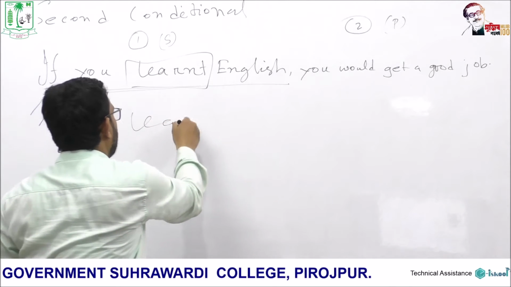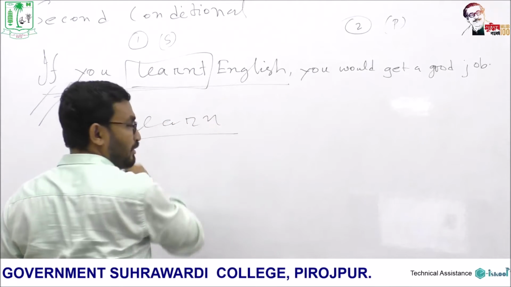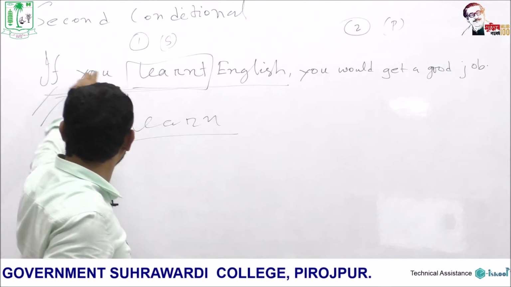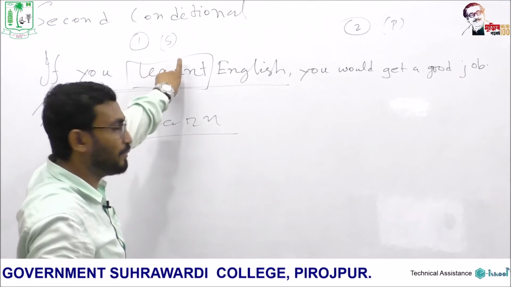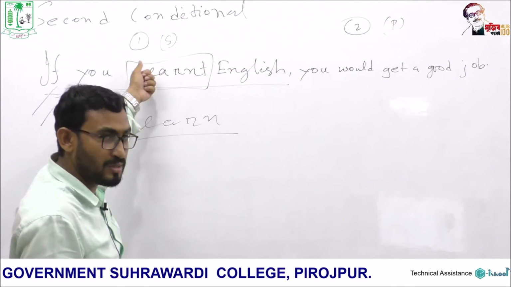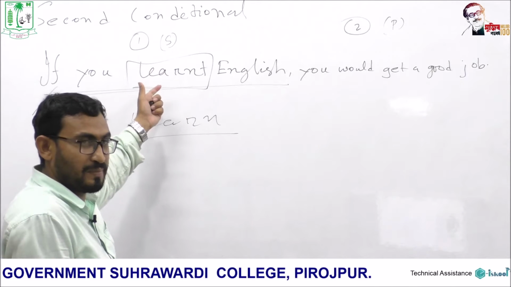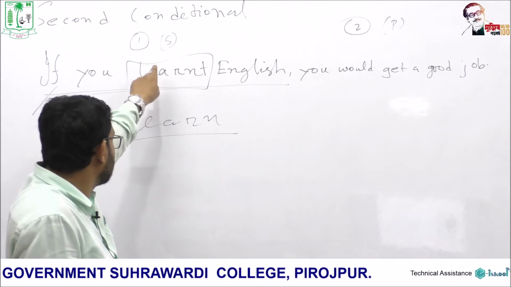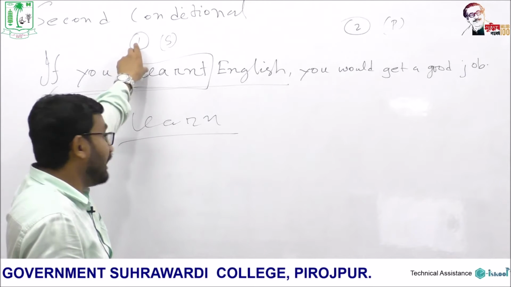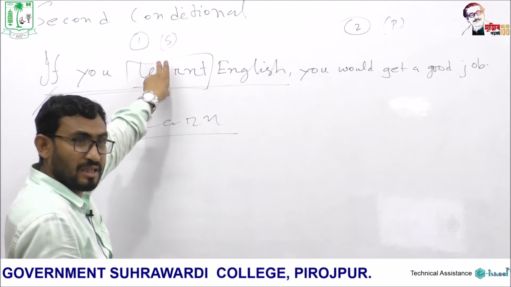Learn is the base form, the present form we call it, and learned is the past form. That is, there is subject you, learned the past form of the verb, and object English. That is, the clause is written in past indefinite tense. That is, in this conditional, the if clause has been written in past tense.